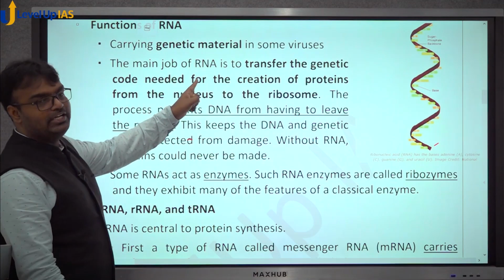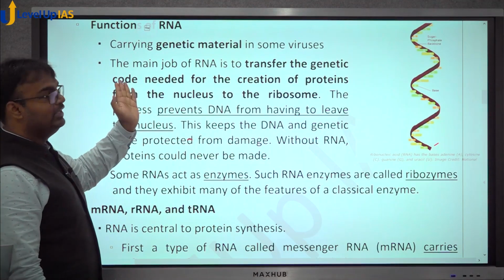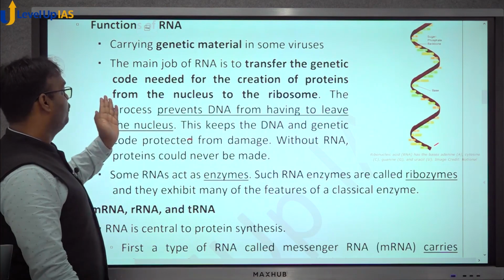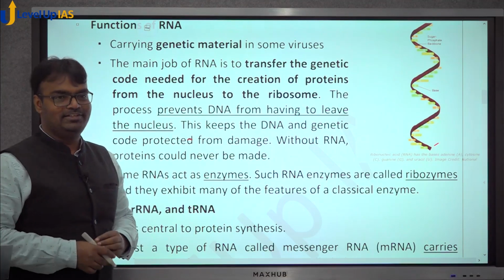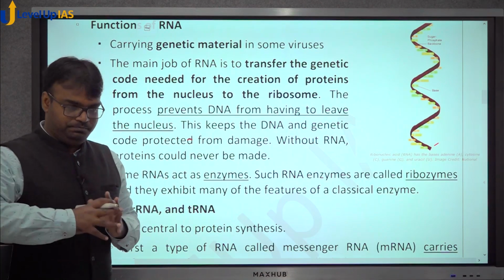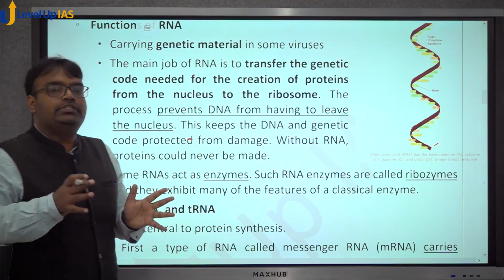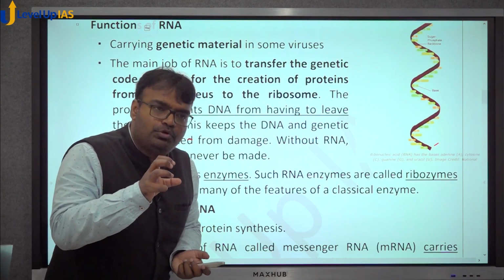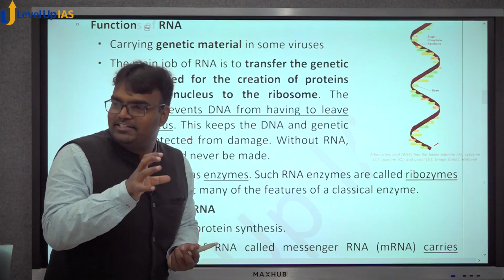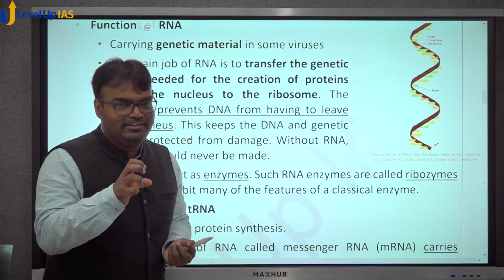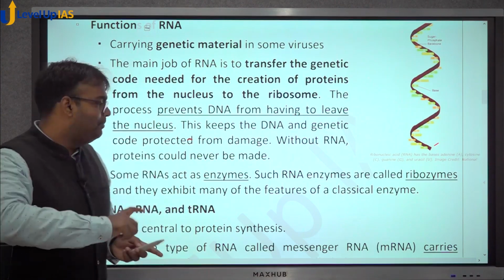The main job of RNA is to transfer the genetic code needed for creation of proteins from the nucleus to the ribosomes, which are factories of protein. This process ensures that DNA is always protected inside the nucleus and DNA doesn't get modified. Messenger RNA will bring it out.